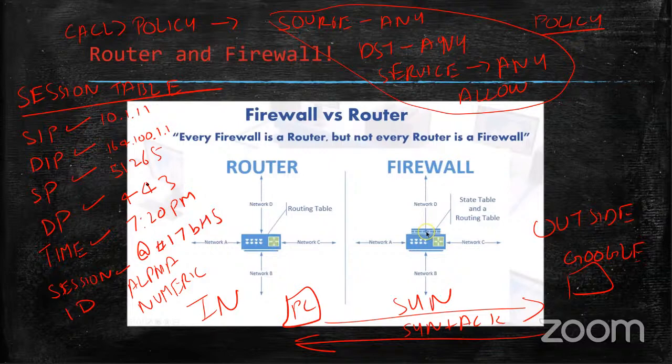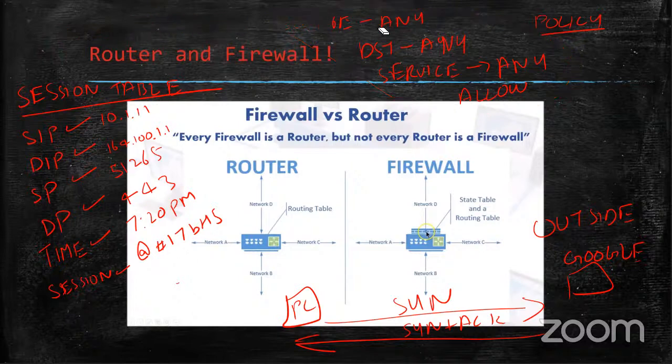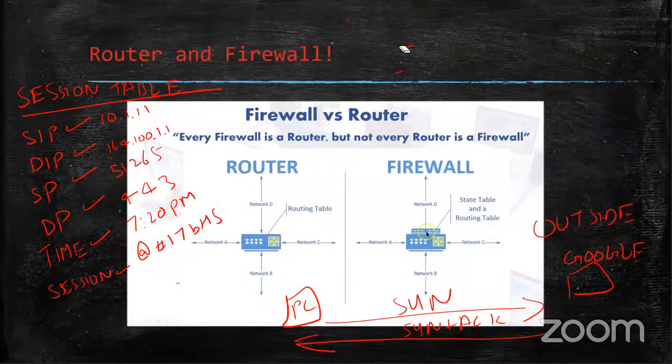Now, once I have all this information, let me remove a couple of things so that it becomes a little cleaner. Now what happens is, whenever the traffic is going out with the SYN packet, I have saved all this information.